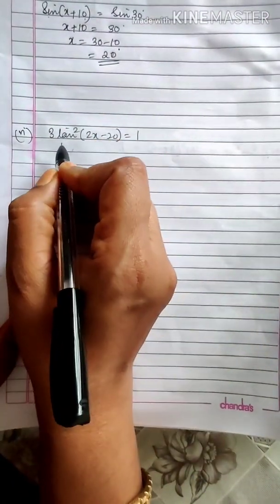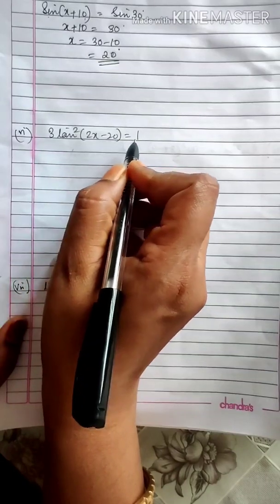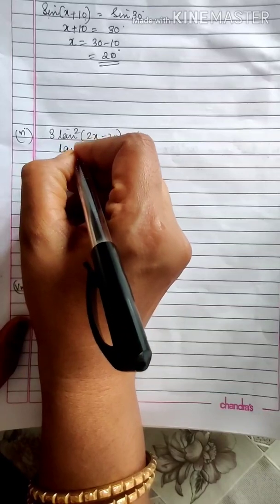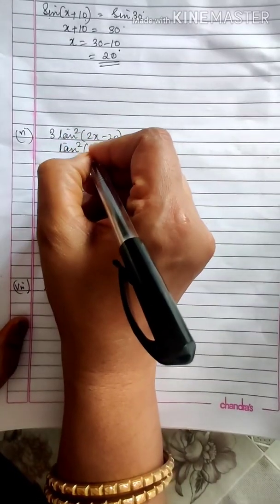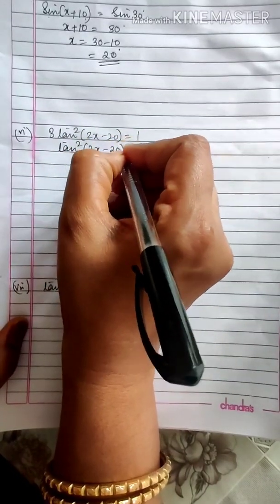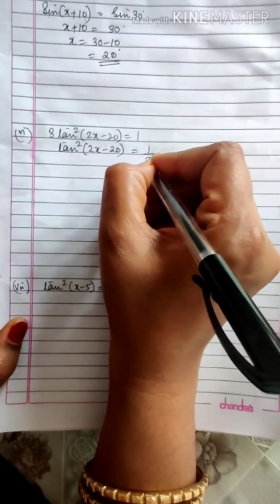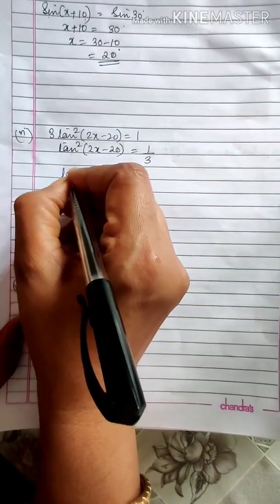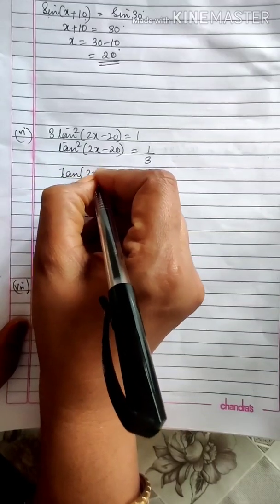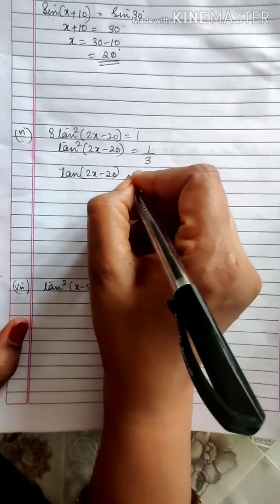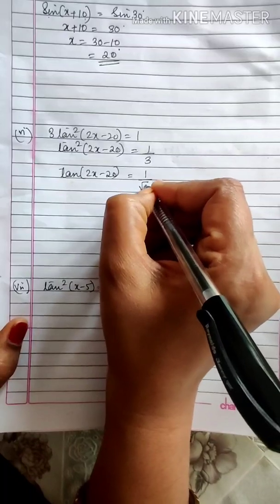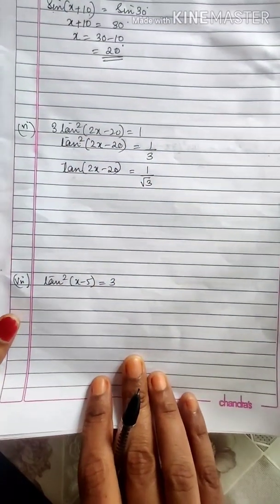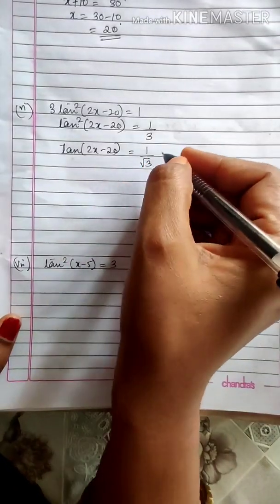Next one, 3 tan square of 2x minus 20 is equal to 1. Now solving this, tan square of 2x minus 20 is equal to 1 by 3, transposing 3 to the right hand side. So tan of 2x minus 20 will be equal to 1 by root 3. The square, when it goes to the right hand side, it becomes square root.